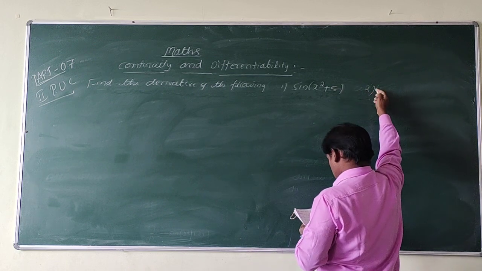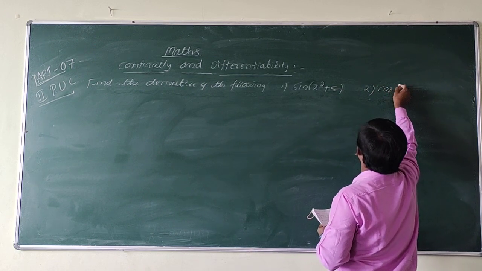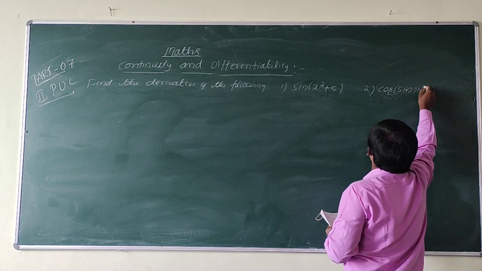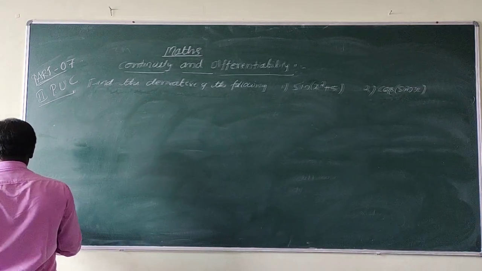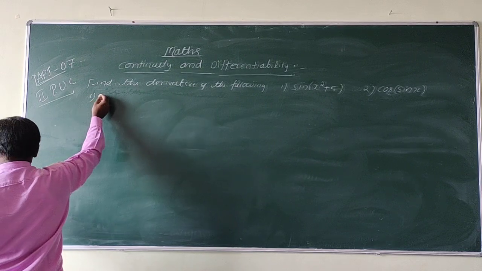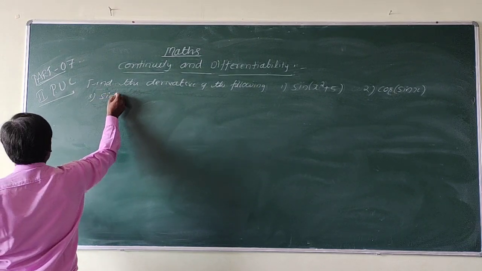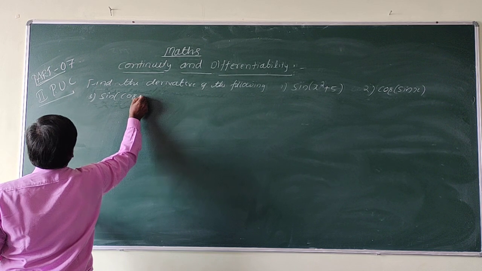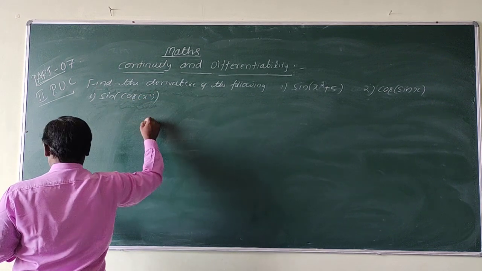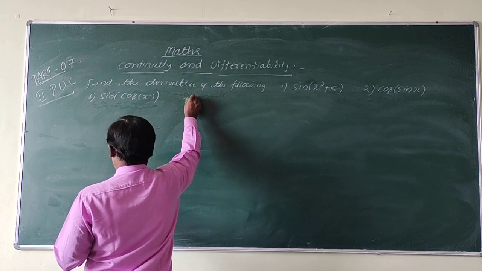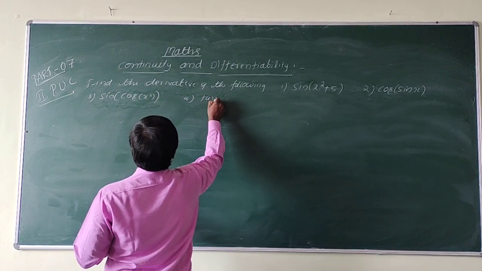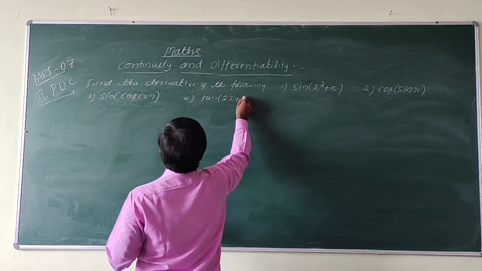The second one is cos of sin x. Third one is sin of cos of x square. And fourth one is tan of 2x plus 3.